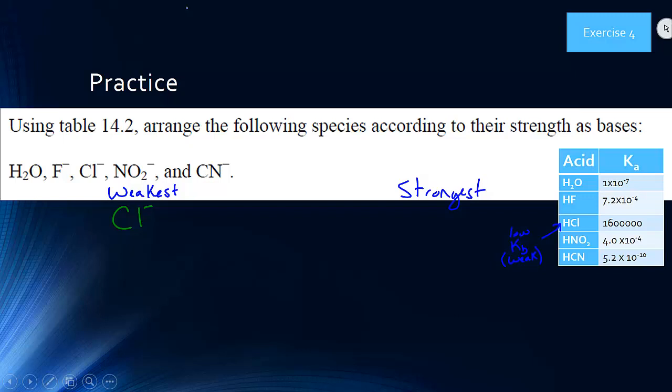Next up we see nitrous and hydrofluoric acid. So which one of these must be the next weakest? Well, 7 is bigger than 4, so I would probably say that 7 would come next. So hydrofluoric, or the fluoride ion, must be the next strongest base. Then the nitrite ion.